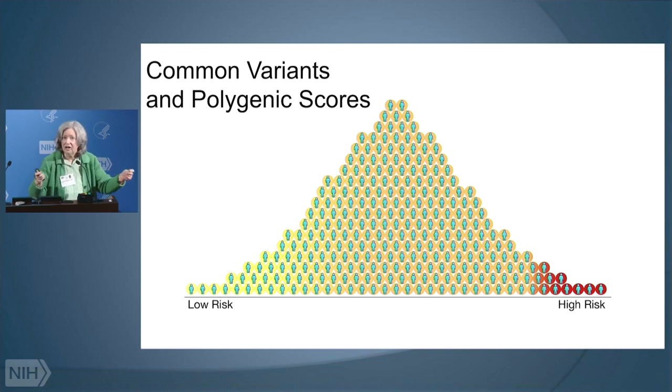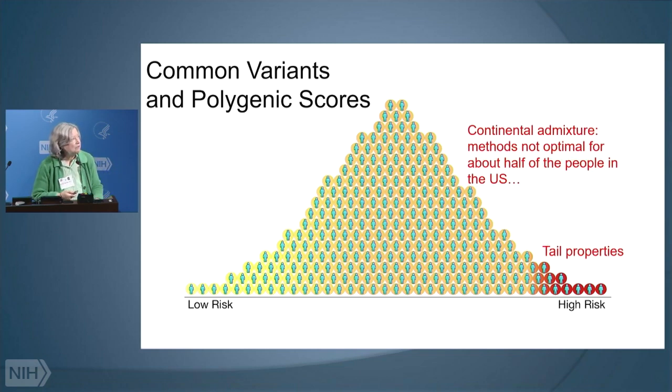That's not attractive from the statistical perspective, but it's made even worse by the fact that most of our methods for both calculating the original training of these risk score predictions, but also the application, ignores the reality that about half of the U.S. population is continentally admixed in recent generations, and that's the fastest growing part of our population, all of which is ignored at some risk of failing to capture important aspects of population level risk fully accurately.